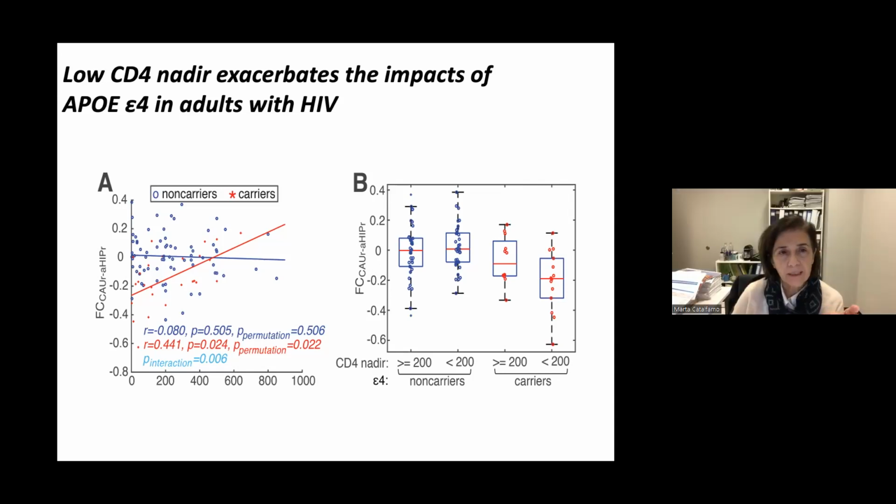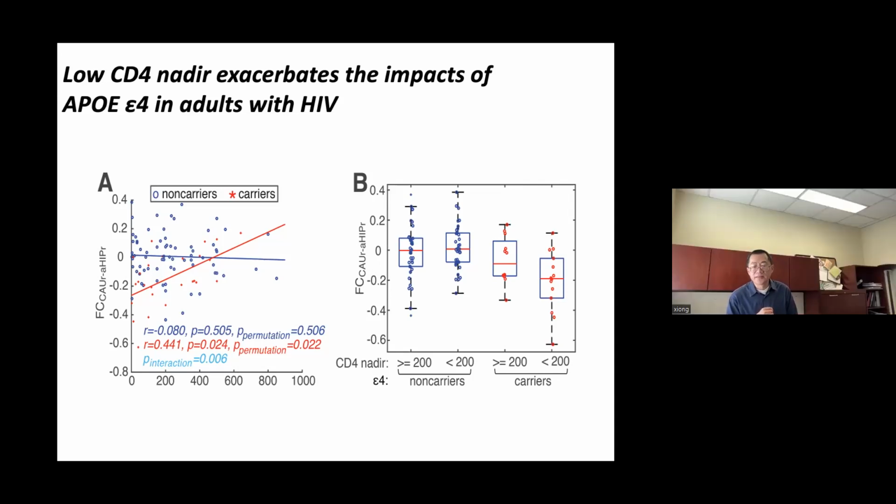So maybe I missed it: what age is the cohort? The median age is 56, in the age range of 41 to 70. So it's middle age, the transition period from middle age to older age. That's intentional, because with an aging population, we try to understand how, when they move to the geriatric age range, 60 and above, aging might interact with HIV to affect brain function.